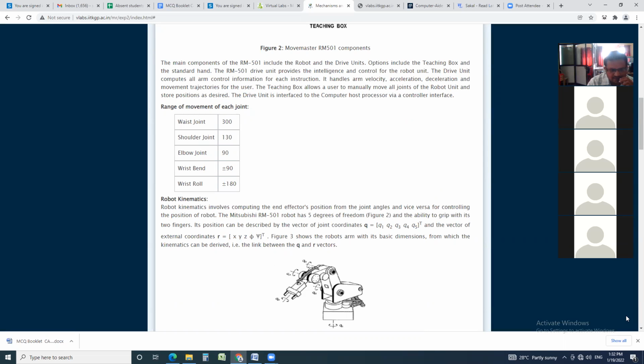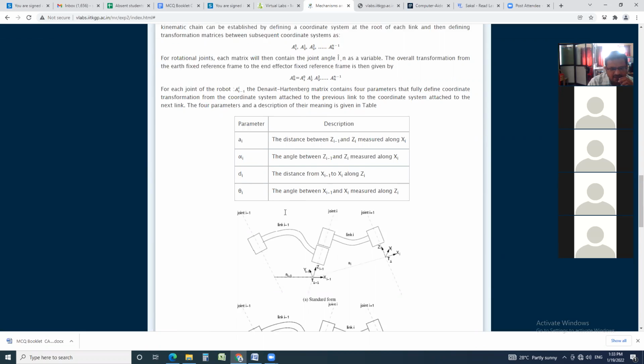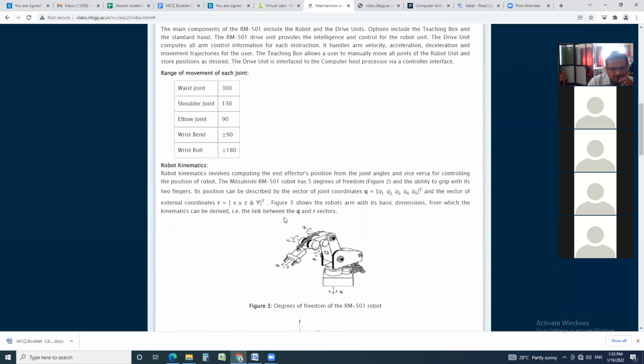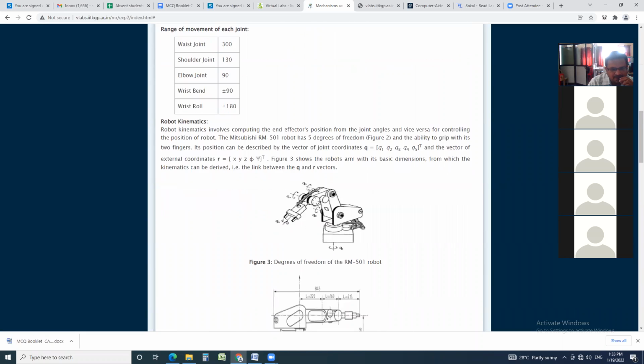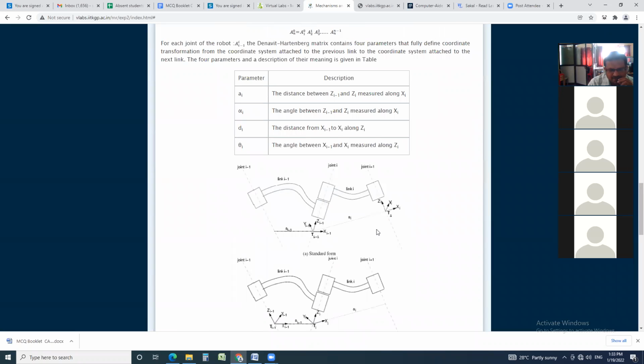First, these are the different values of theta, alpha i and theta i. Alpha i means the angle between z i minus 1 and z i measured along x i.